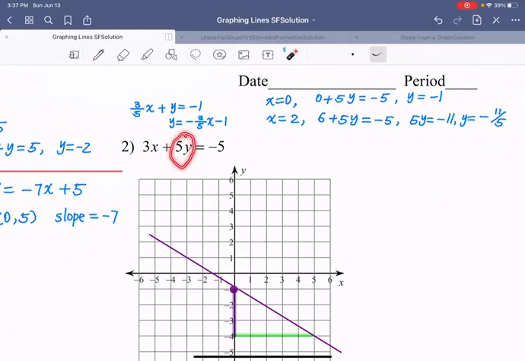This term is divisible by 5, right? Yes. This term is also divisible by 5, yes? Yeah. So as long as I can make my x divisible by 5, I probably can get an integer point. What do you think? Yeah.